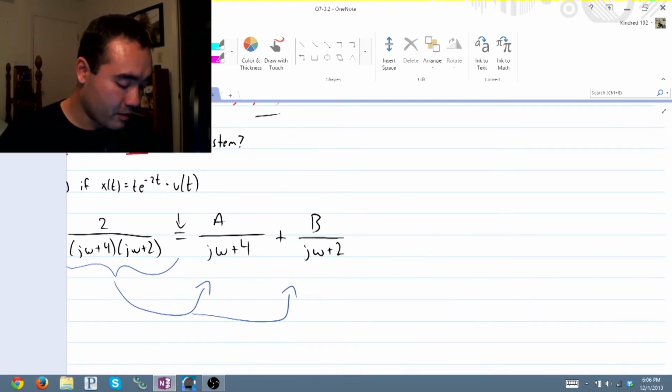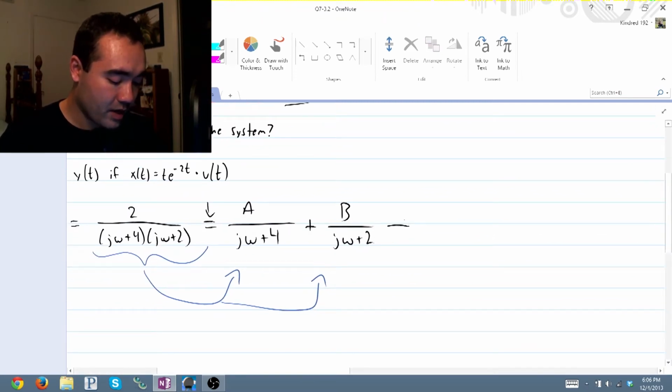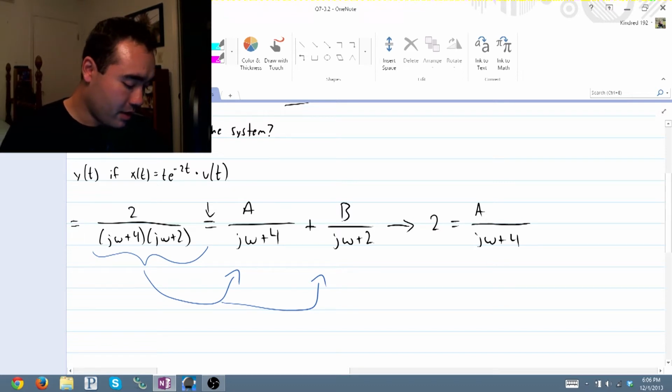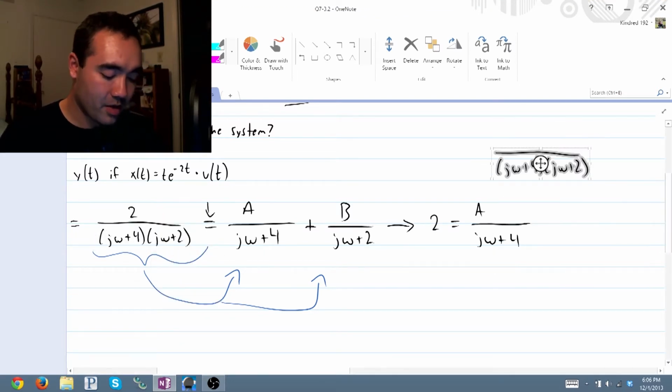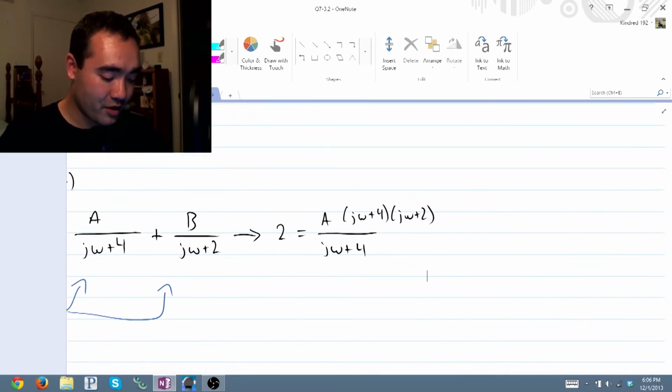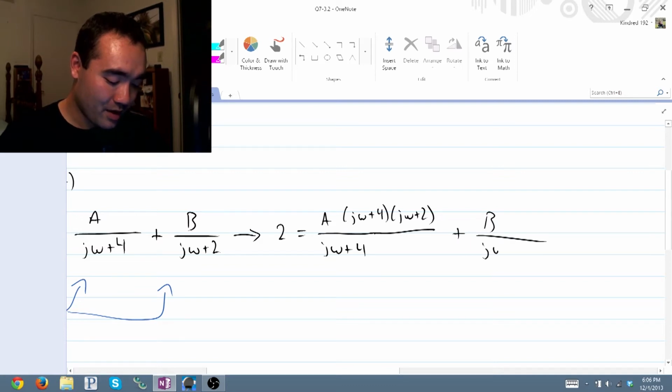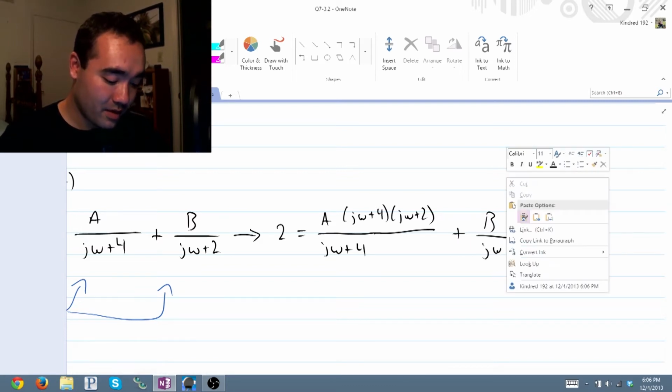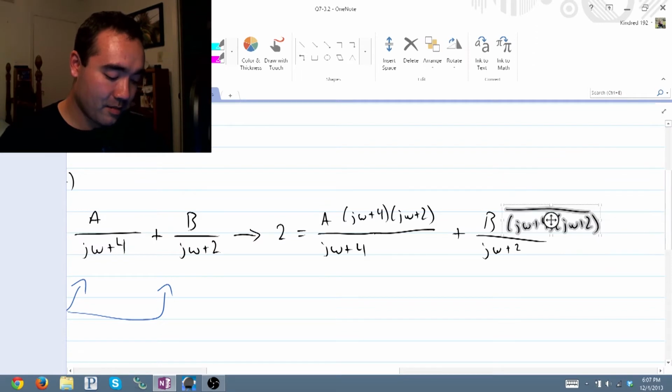I'm going to work through all the algebra so that we can get a feel for it, so that we end up with 2 equals a over j omega plus 4, and I'm going to go ahead and cheat, and copy and paste, bam, I wish your notebook did that, plus b over j omega plus 2 times the same thing.